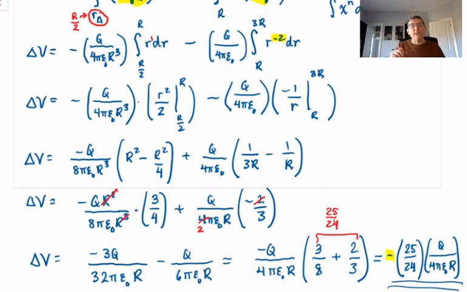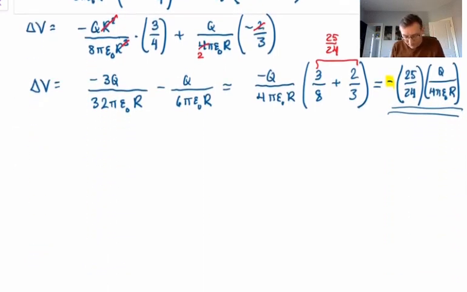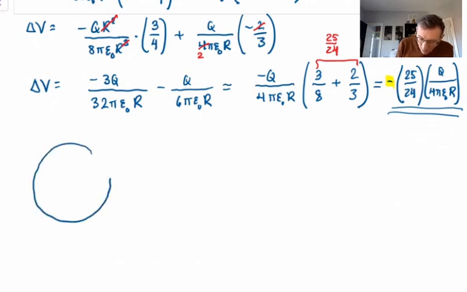Now let me just talk briefly with you about a little variation on this problem that is quite useful. You can use this kind of technique to find an equation for the electric potential at any radial distance, I'll call it little r, from the center, assuming a reference point out at infinity where we will assume the potential is 0. So for example, let me draw the sphere again with its center.